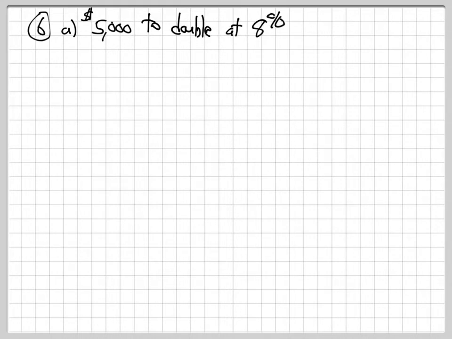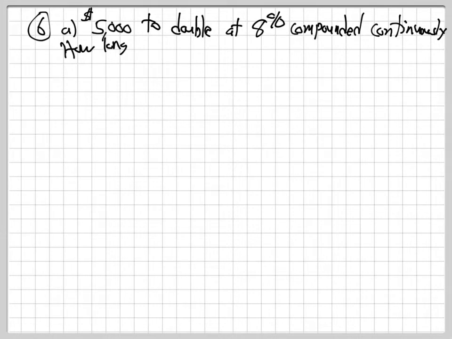So, part A, $5,000 to double at 8% compounded continuously. So how long? Question is how long for 5,000 to double?